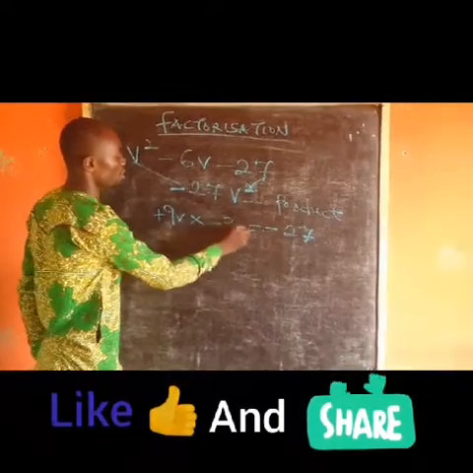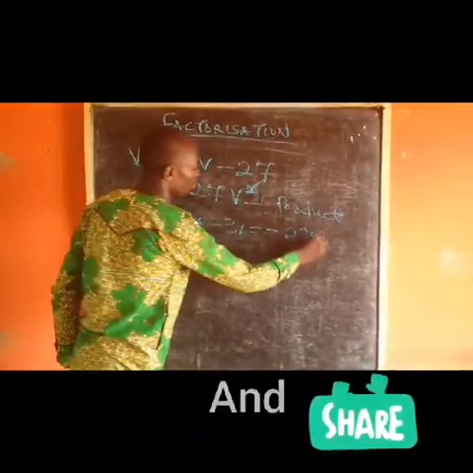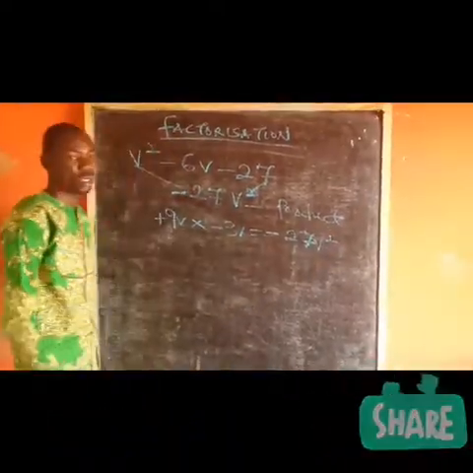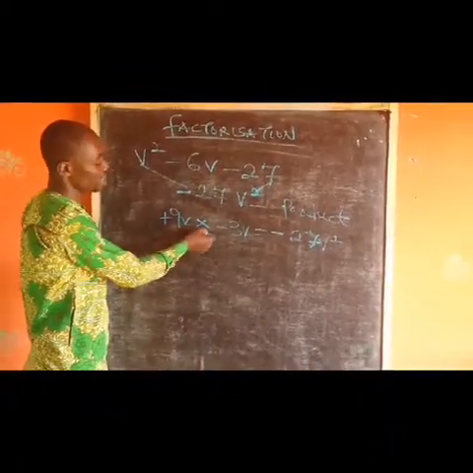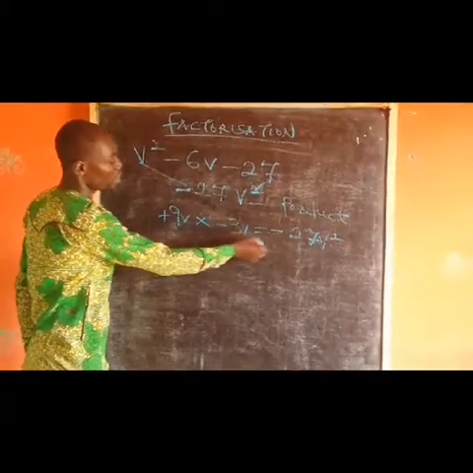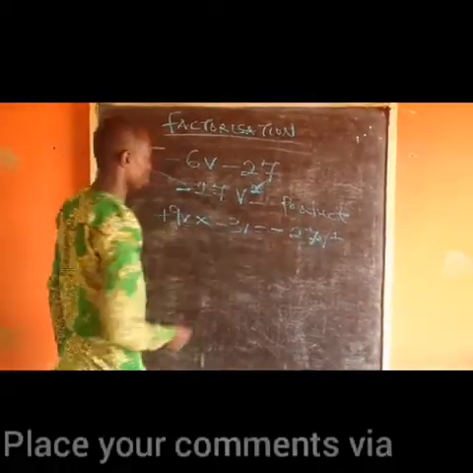You can just add your v, which will definitely give us v squared. Now, you can see that minus 9v times minus 3v will give us minus 27v squared.